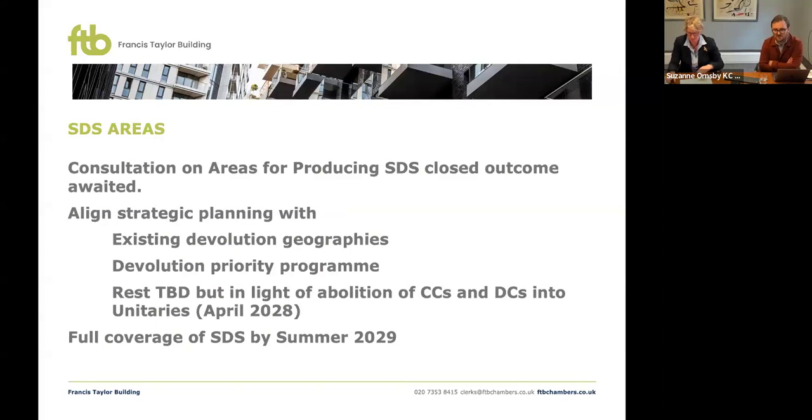I'm sure many of you would have followed with great interest the recent department consultation on areas for producing SDSs. As you know, the Act creates a duty on unitary authorities and other top-tier authorities under the new system to prepare SDSs, but the Secretary of State also has powers to create strategic planning boards, which will cover areas that go beyond current local authority areas or combine current unitary authorities.